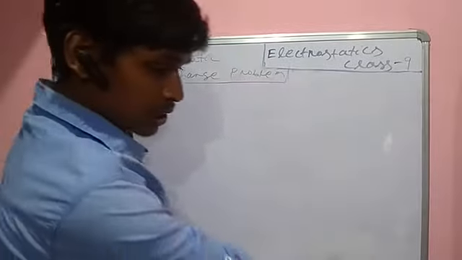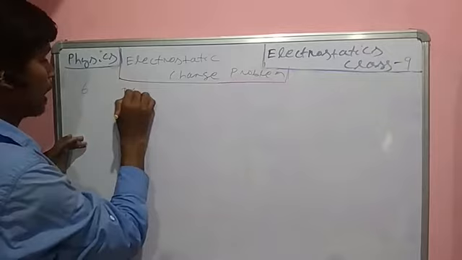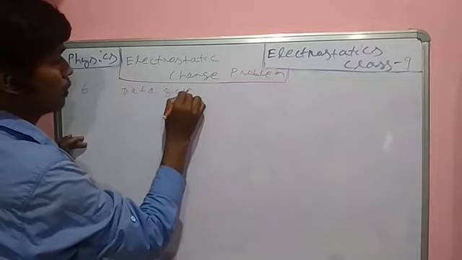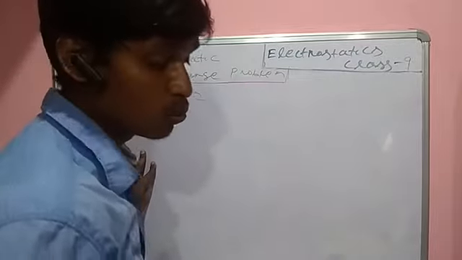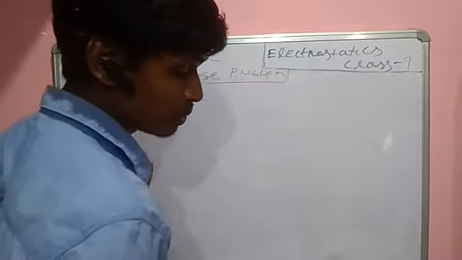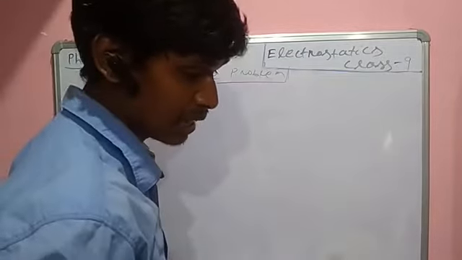Question number 6, given data: two identical metal spheres having equal and similar charge repel each other.